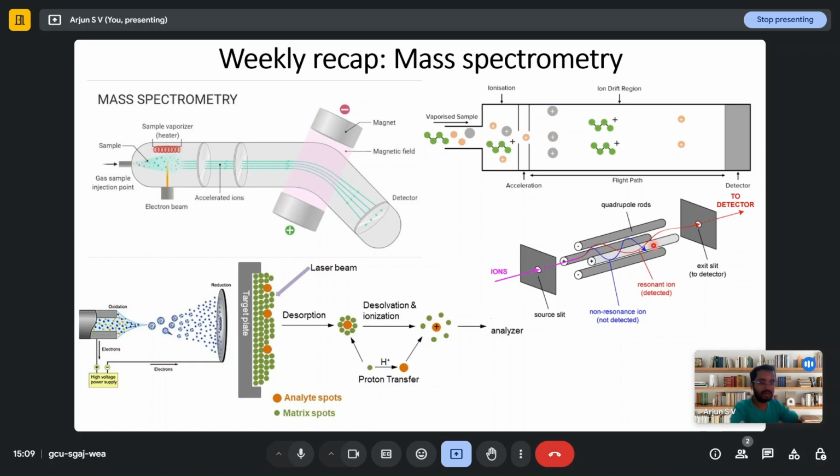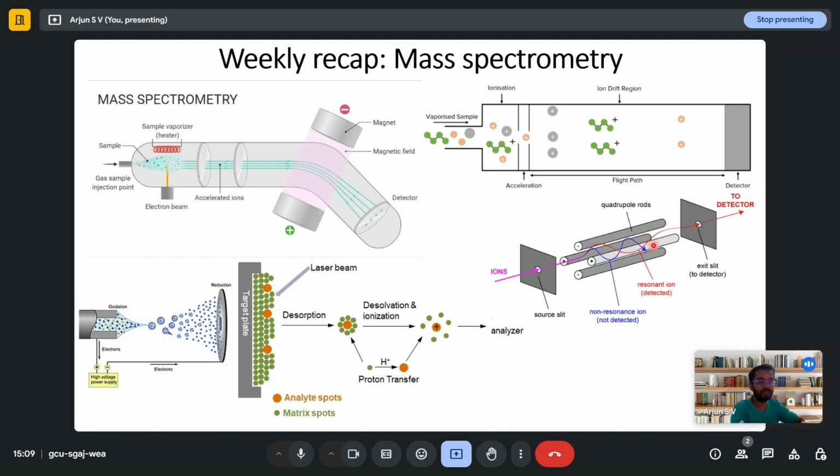And we also saw that in recent times there are a lot of fusion technologies which use more than one mass analyzer, where in some mass spectrometers we can see two mass analyzers lined up one after the other, two quadrupoles, or in more advanced systems, like QTOF, which stands for quadrupole time of flight, which has two mass analyzers where one is a quadrupole and one is a time of flight.